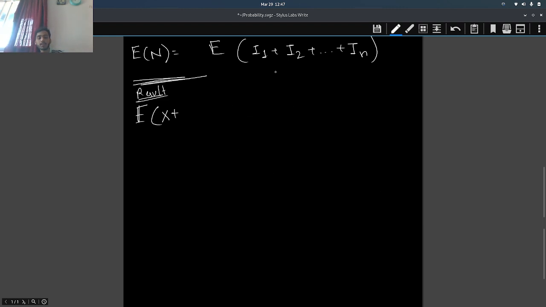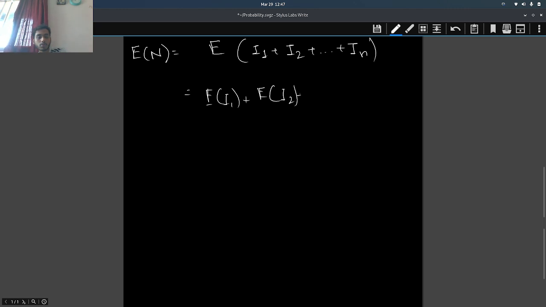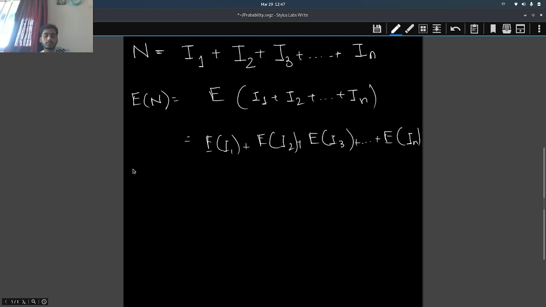So we can break this into E of I1 plus E of I2 plus E of I3 plus dot dot dot E of In, right? We can do this.